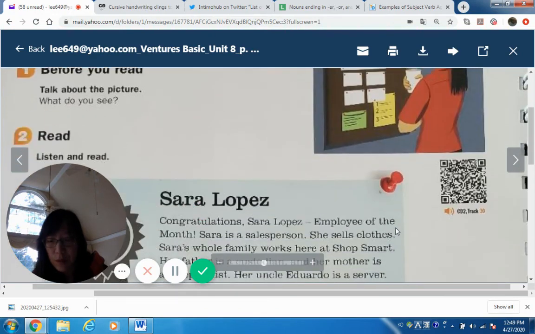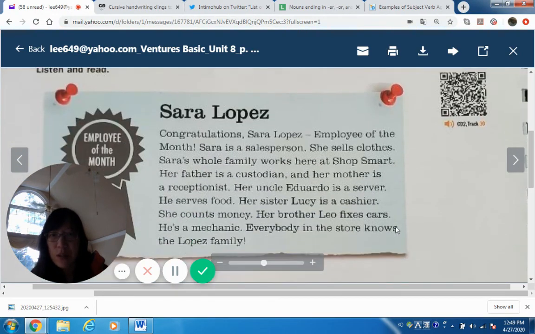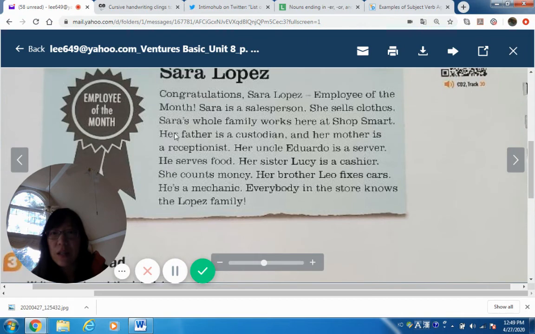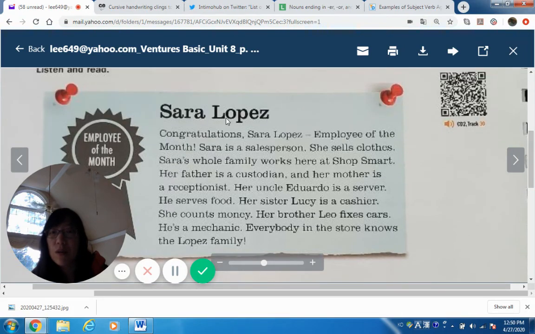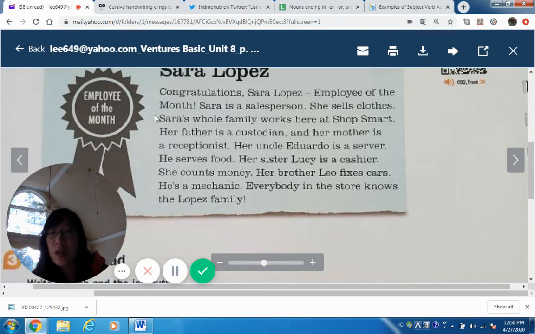Okay, so let's look at this passage. Sarah Lopez. It's a title and it's a name, so you have to capitalize the first letter of each word. And something like this, Employee of the Month, you capitalize the first letter of each word, except words like of and the. If it's a word with three letters or less, you don't capitalize it.